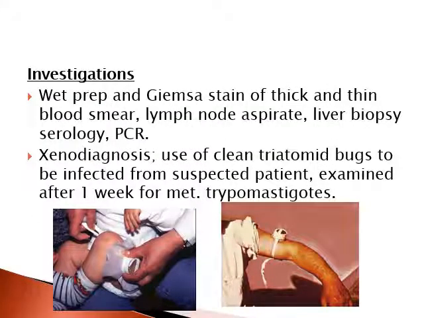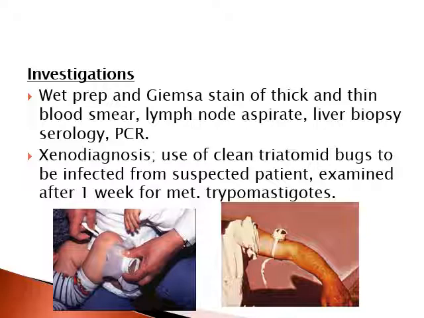Diagnosis of Trypanosoma cruzi. Firstly, we can demonstrate the parasite in many ways. We can have wet preparation, where a drop of blood is put inverted under the microscope, and we examine the blood for motile trypomastigotes.